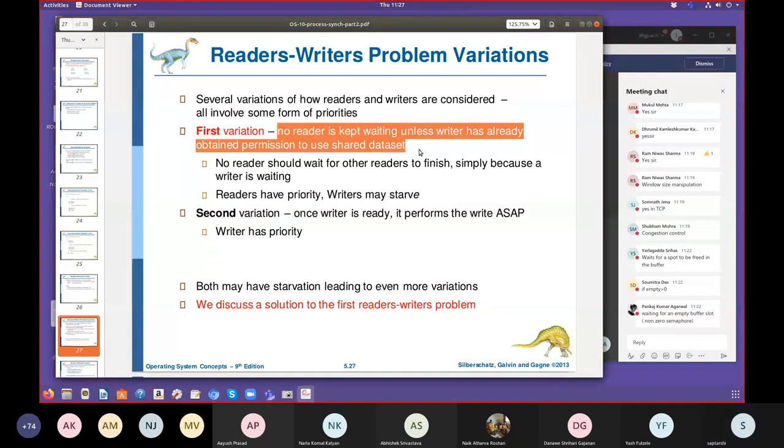That means one reader should not have to wait for another reader simply because a writer is waiting. So what does this mean? In this first variation, readers are given priority, whereas writers can starve a bit.